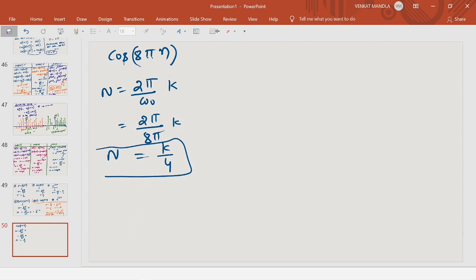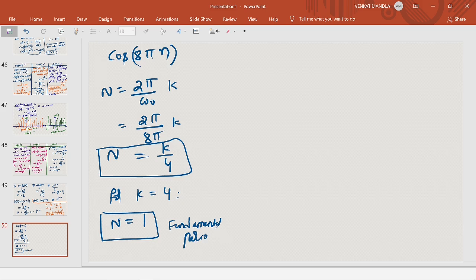So at what value of k do we get the smallest integer? For k equal to 4 only. So for k equal to 4, we get n equal to 1, and this is the fundamental period. For k equal to 8, n equal to 2. That is also a period, but that is not the fundamental period.